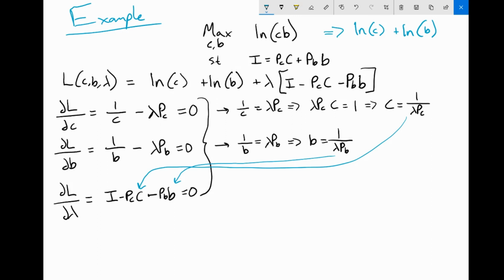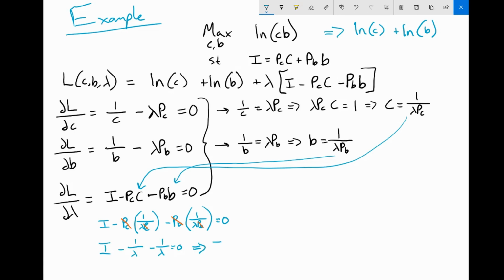Well, now what I'm going to do is take these and plug them in, and then use this to solve for lambda. So let's do that. PC times 1 over lambda PC, minus PB times 1 over lambda PB equals 0. Well, the PCs cancel out, the PBs cancel out. I minus 1 over lambda minus 1 over lambda equals 0.